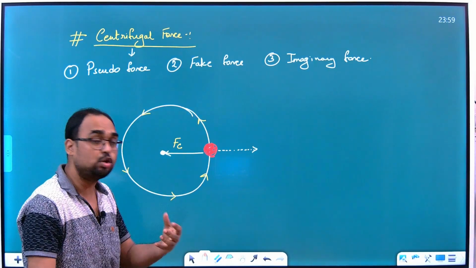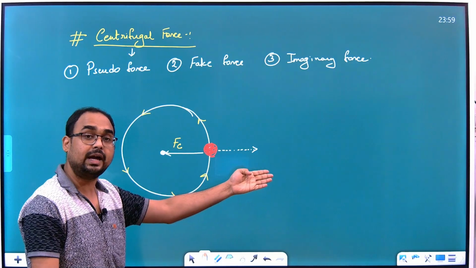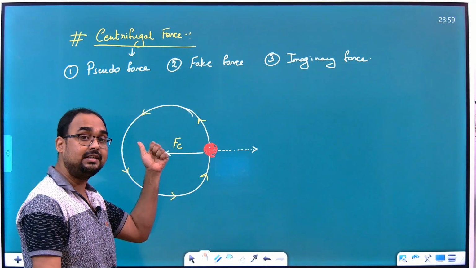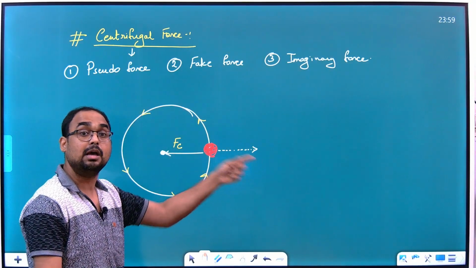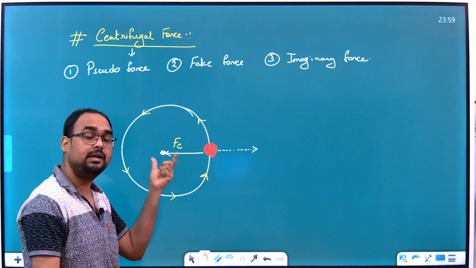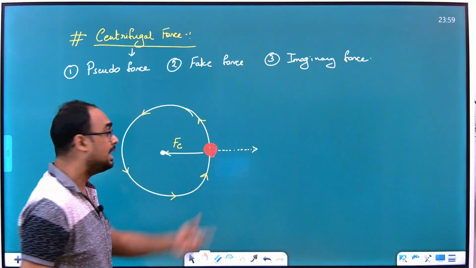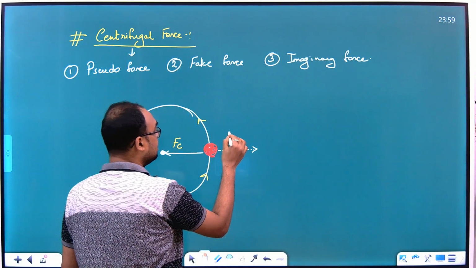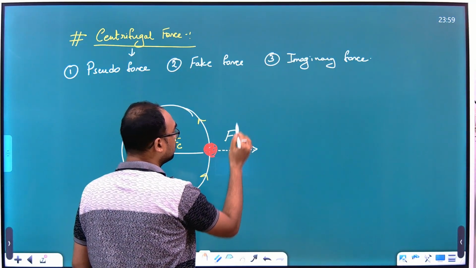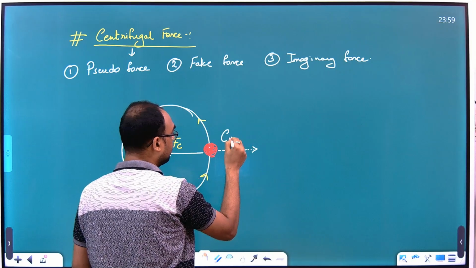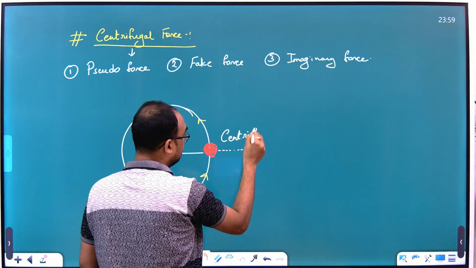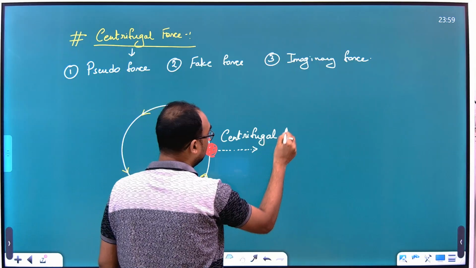Because it is assumed that there is always some kind of opposite force to the centripetal force that is preventing the body from coming down to the center. This imaginary force is known as the centrifugal force.